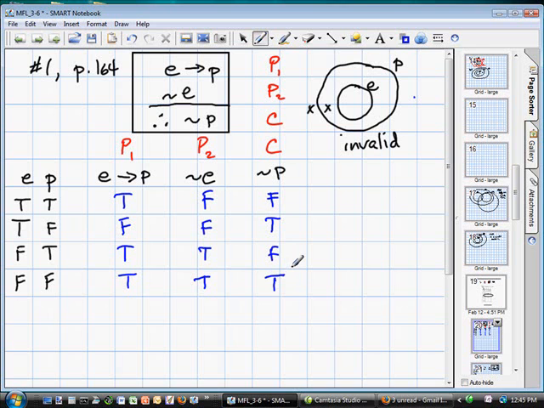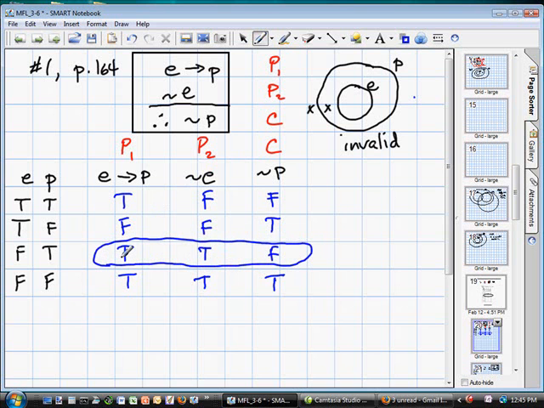Find all the rows in your table where all the premises are true. Now in this case there are two premises, but be aware that there are situations where you can have more than two. So that's why I use the word all. So where are all the premises true? Isn't this row? Yep, this row is, because you see how both the premises are true?